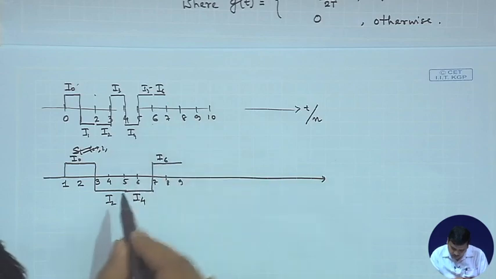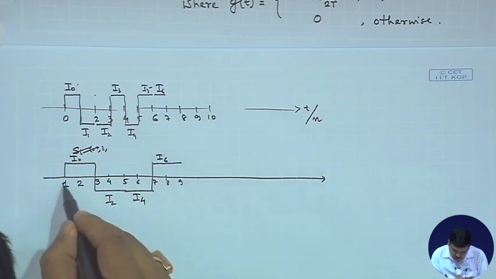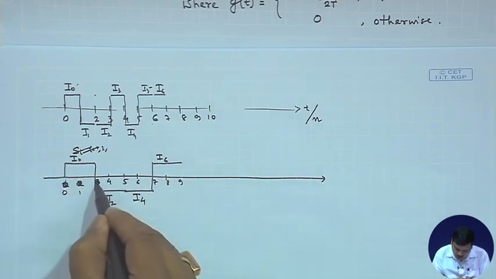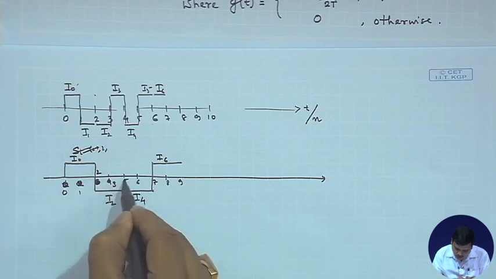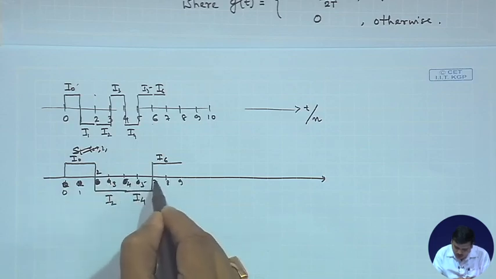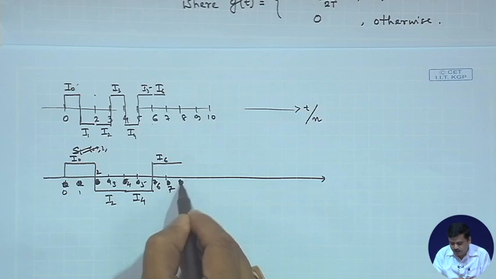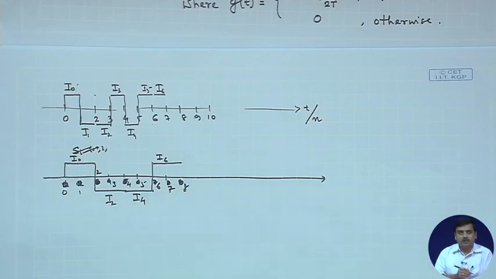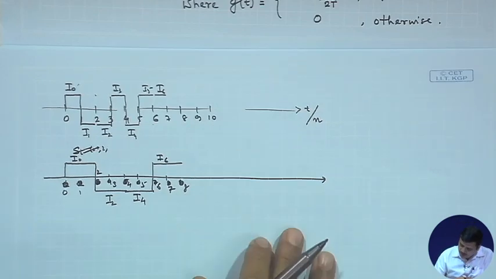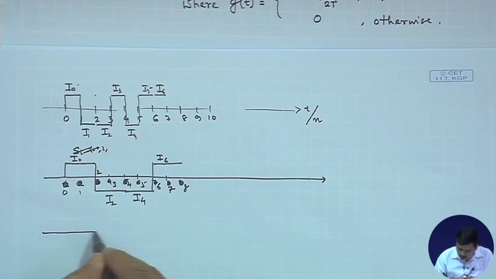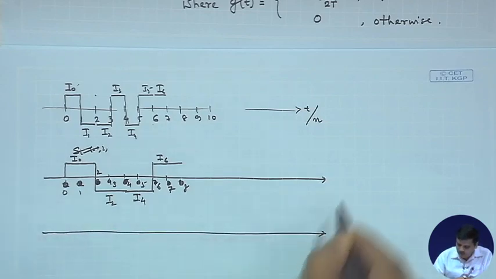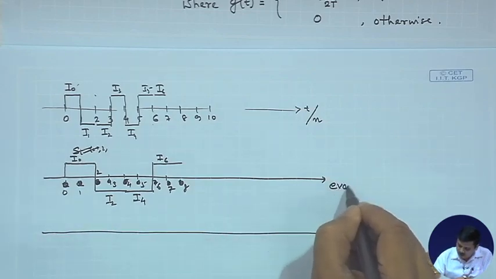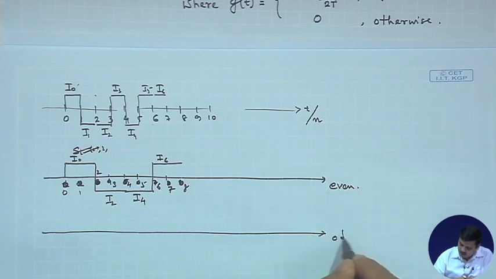Let me see if I have made a tiny mistake somewhere. Yes. So, this is 0, this is 1, this is 2, 3, there is some numbering offset that I got into. So, this is the right numbering, and I would have another stream. So, this I would call the even sequence and this I would call the odd sequence.